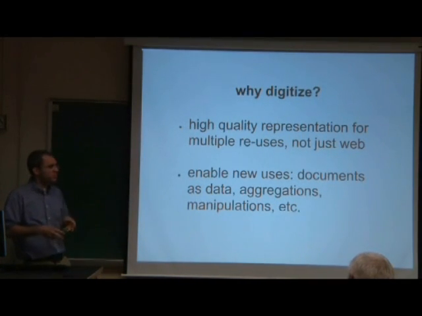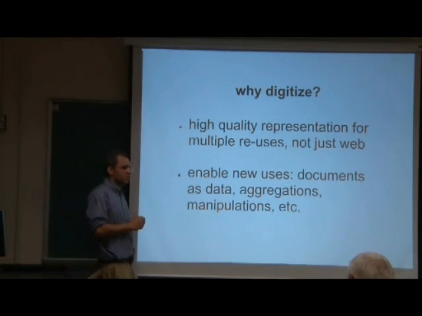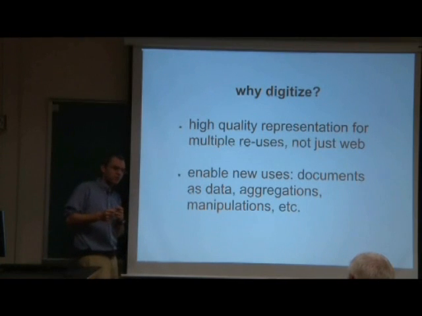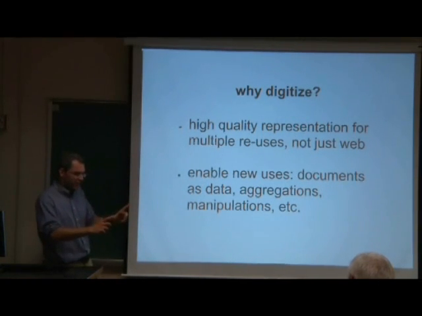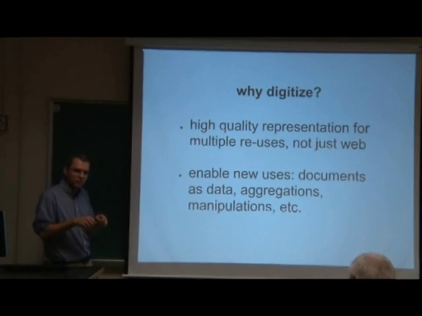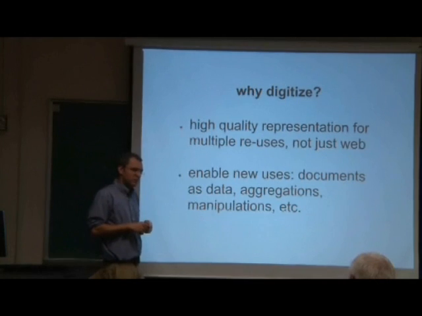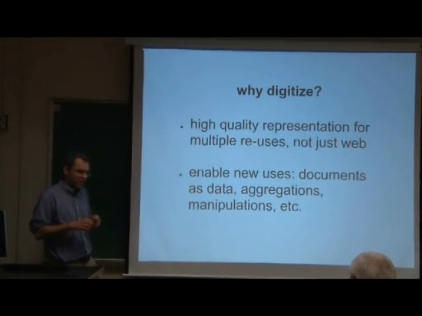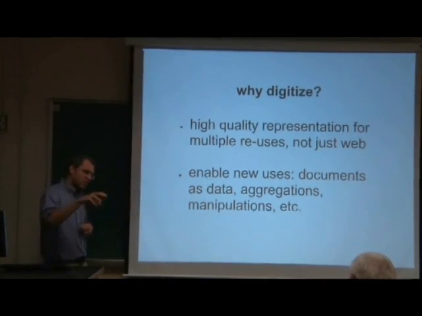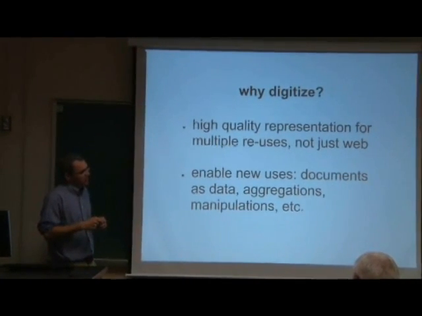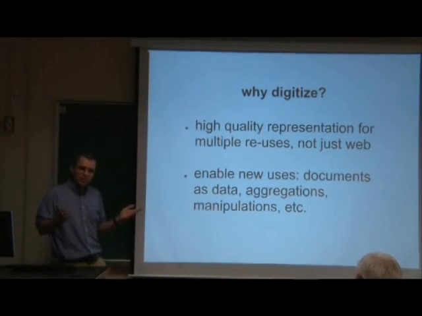Another example would be pulling geographic data out of a collection of photographs or books. When we think about photographs, think about prints or slides, and they're very much a document kind of format where you're looking at a thing at a time and you're maybe flipping through a box of photographs or a box of slides. If you are able to pull the geographic data out of those, in the sense that you locate each photograph in space, you can do things like access that collection with a map interface.